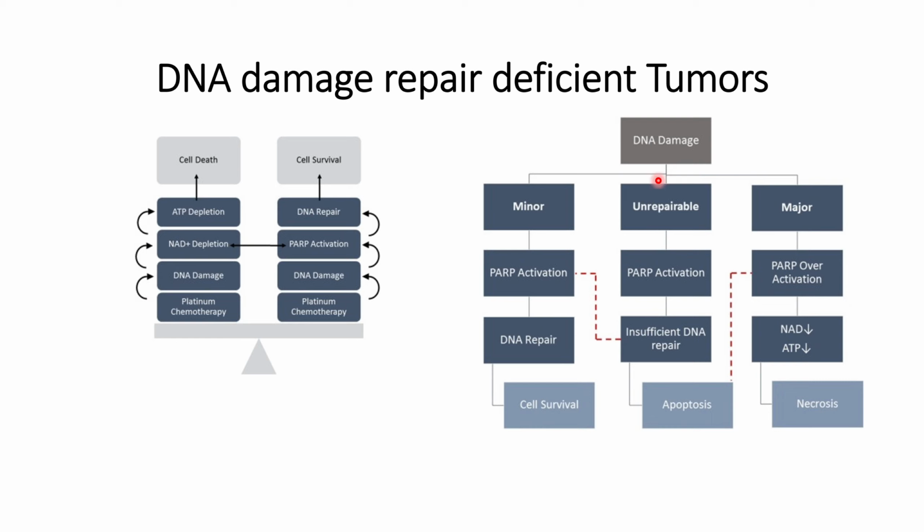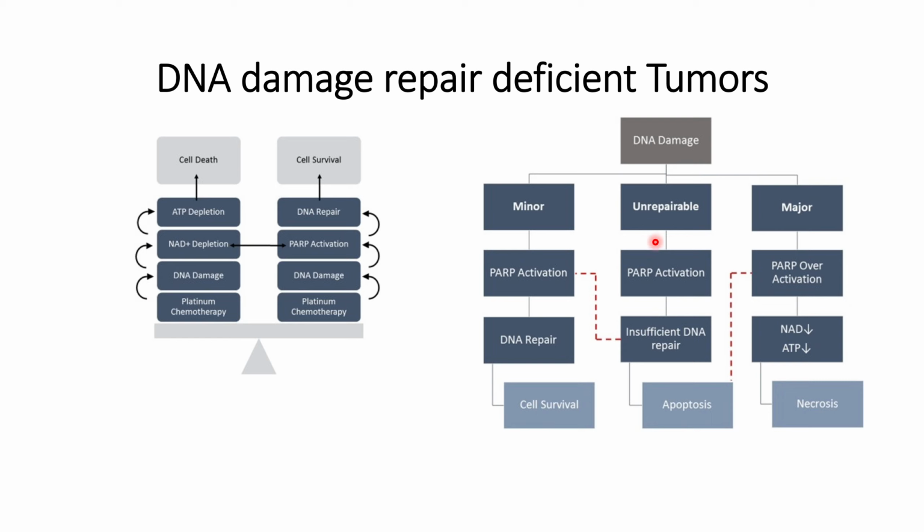However, if DNA damage is unrepairable, then it might activate the P53 pathway, which activates apoptosis, because P53 decides whether it needs to go for DNA damage repair or for apoptosis based on the degree of DNA damage.